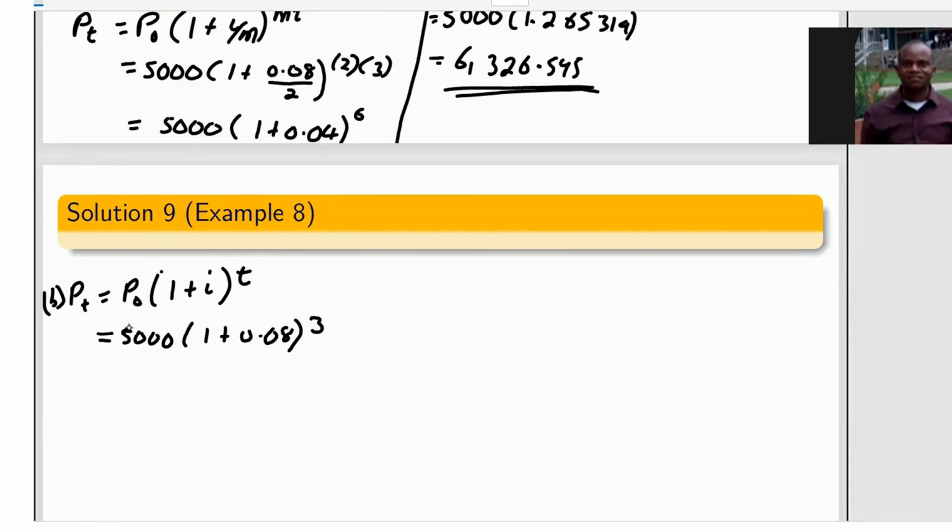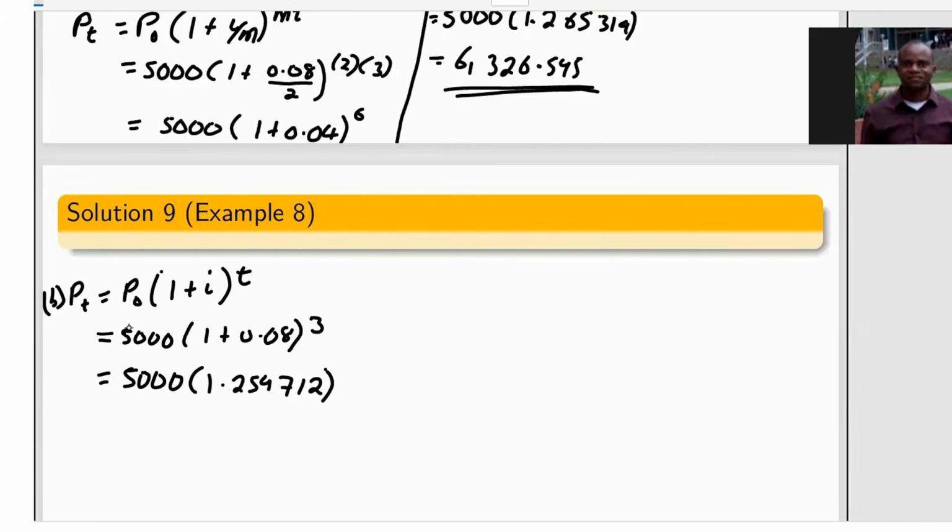So you can start with what is in the brackets. So you have 1 plus 0.08, then you get 1.08, then this to the power 3. So this to the power 3, you get 1.259712. So you're going to have 5,000 multiplied by 1.259712. Remember not to round off whilst you're still computing.